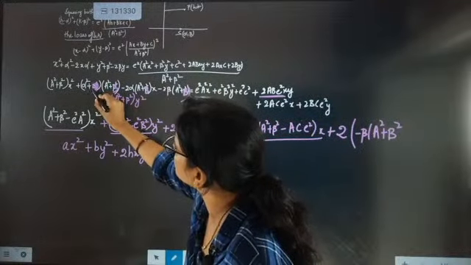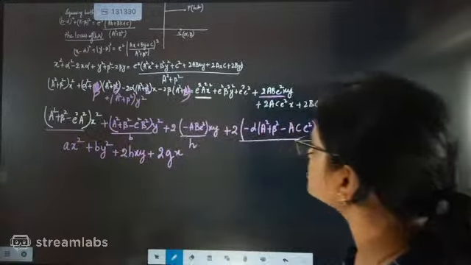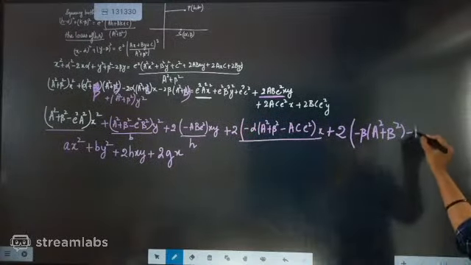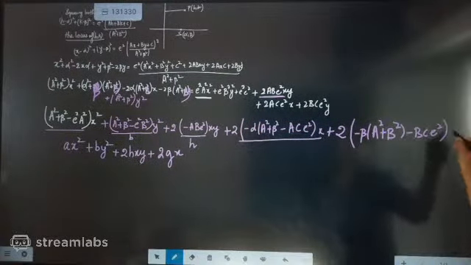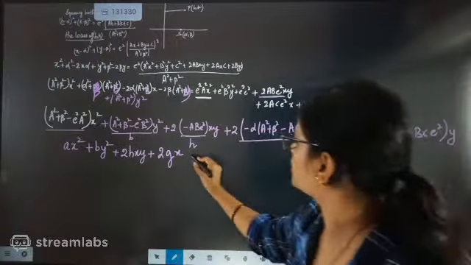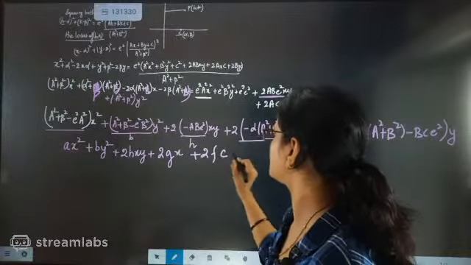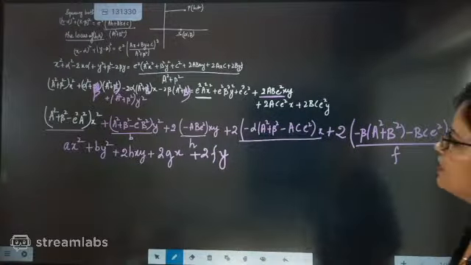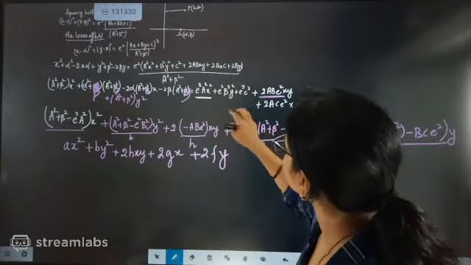This is beta, this is beta. So now this part is exactly going to come as this section, once it will shift that side, so minus bc e square, and y will be there, so this part is going to come as 2fy, this will become f. And now the last part is constant section.